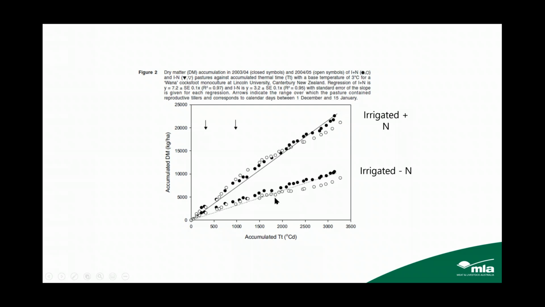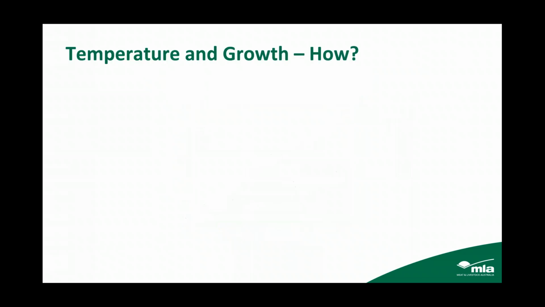That's a very interesting experiment, and all I wanted you to see out of that is how there is a direct relationship in the end between accumulated temperature and accumulated dry matter, and how tight that can be when everything else is controlled. However, it's pretty difficult to control everything.